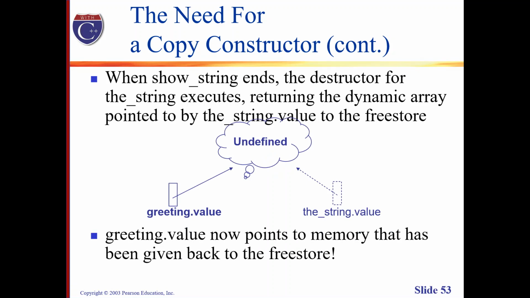So that could be a problem. This could be the result. This pointer variable now points to a memory location that has been given back to the free store, which is at this point undefined.